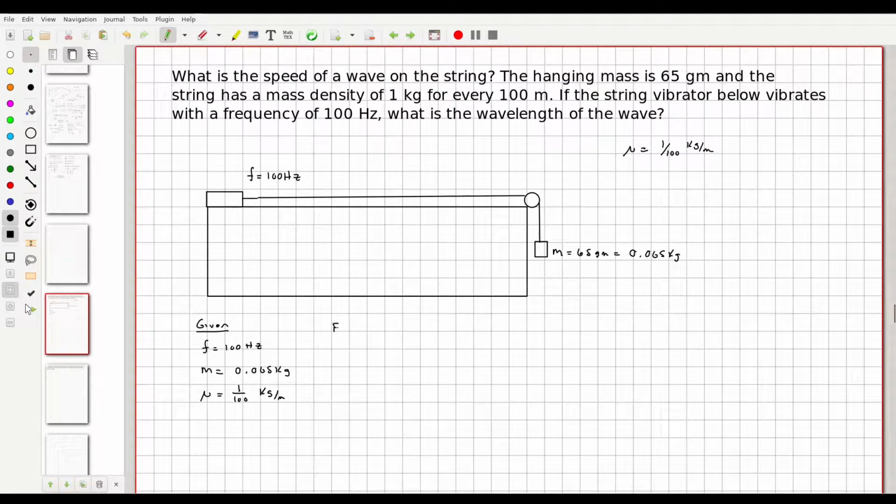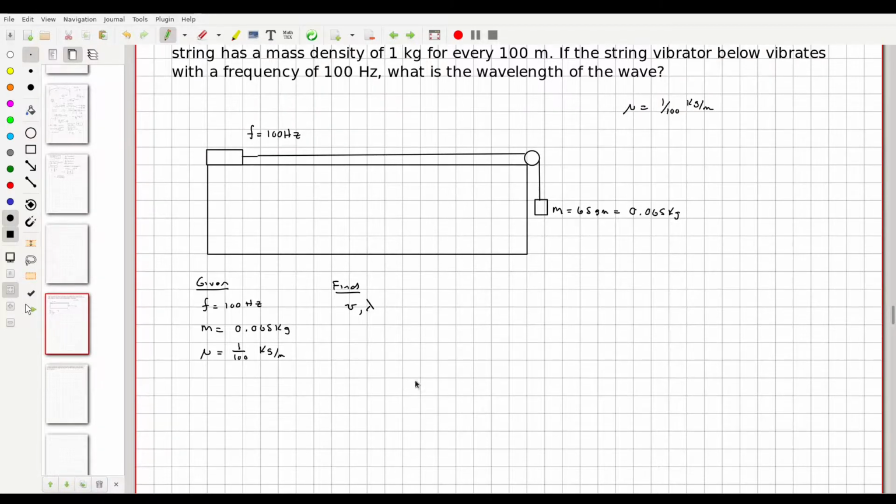We're trying to find the speed of the wave and also the wavelength. Okay. Now, if you think about this, we know that the speed of the wave is going to be equal to the square root of the tension of the string divided by the mass density. Now we have the mass density, but what we're missing is the tension. And the tension is going to come from the hanging mass right here.